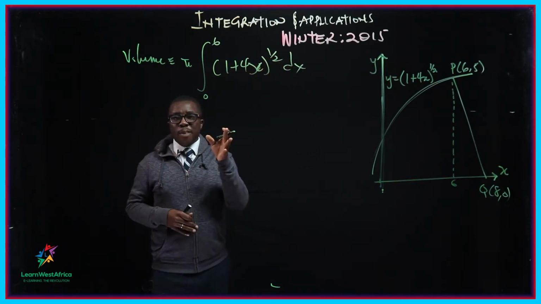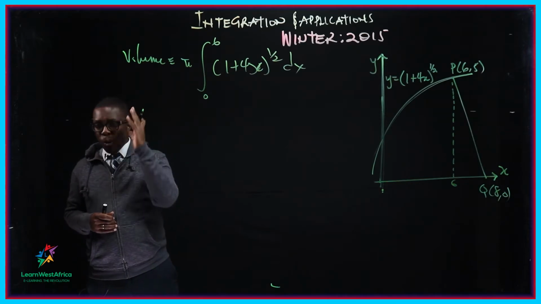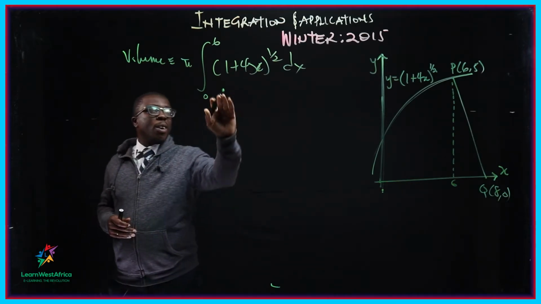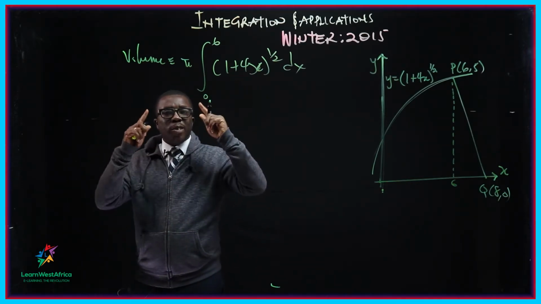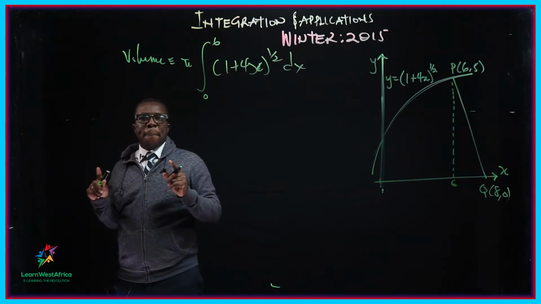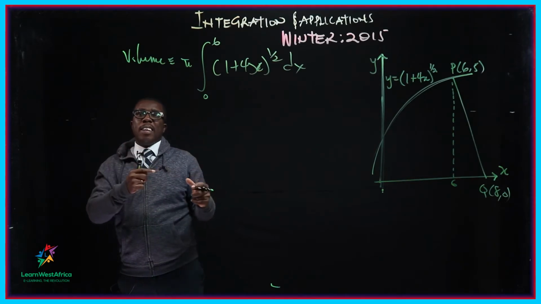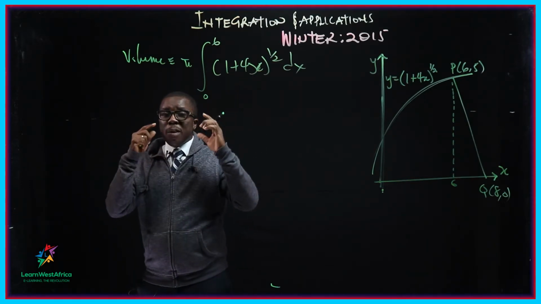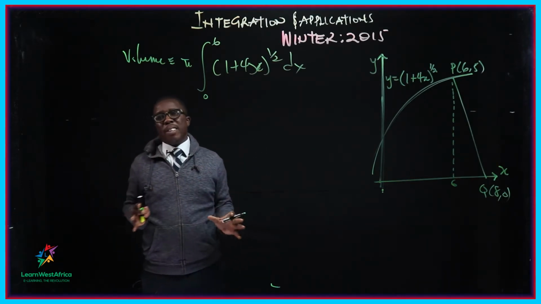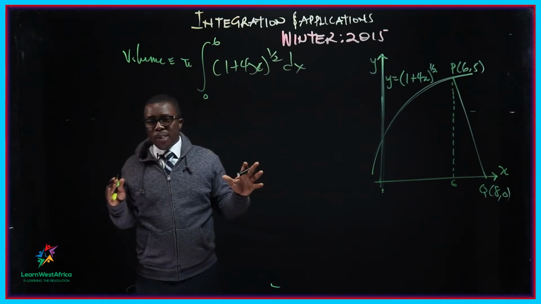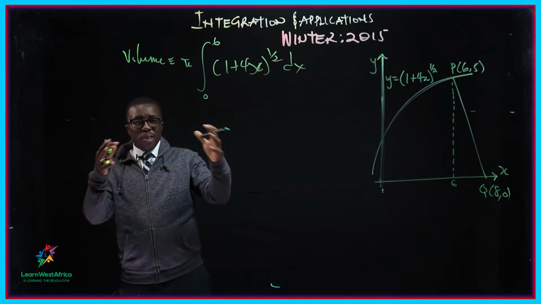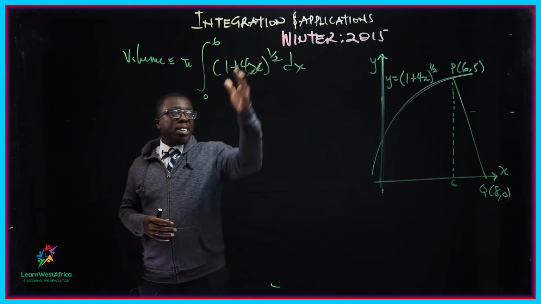Now remember, this is a linear factor. We say linear factor because what is within the bracket, the highest exponent of x is 1. Anytime you have an integral where the highest exponent of x within the bracket is 1, we say that it has a linear factor. Linear factors have a very simple but special way of integration: just add 1 to the power.